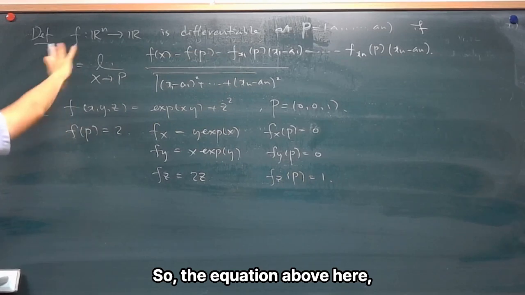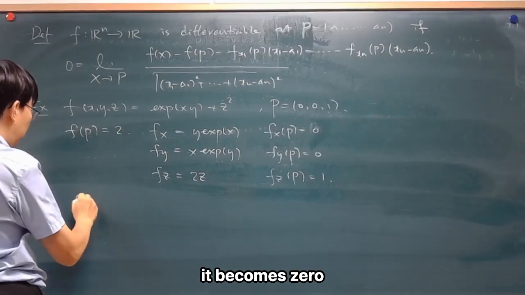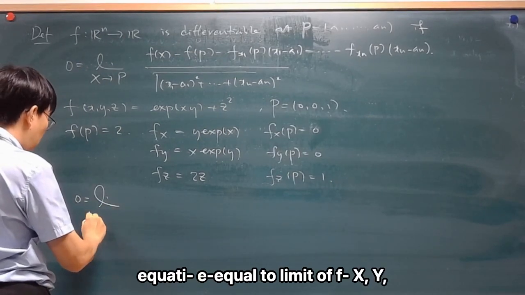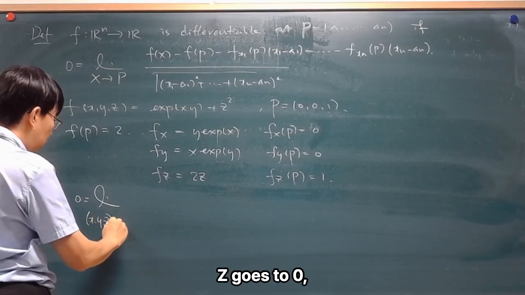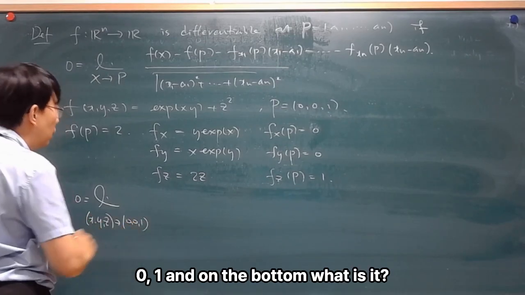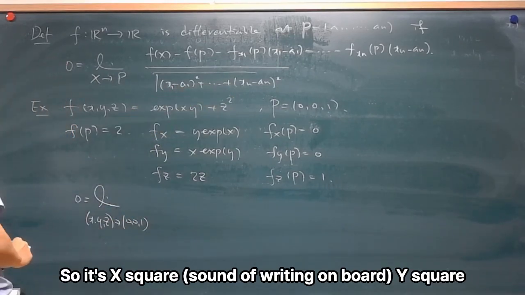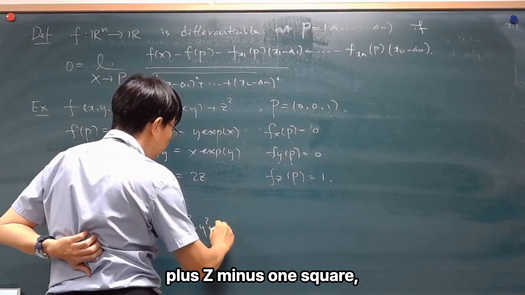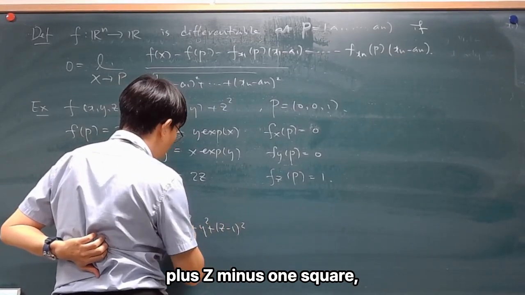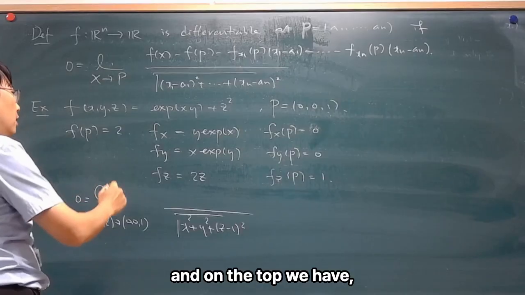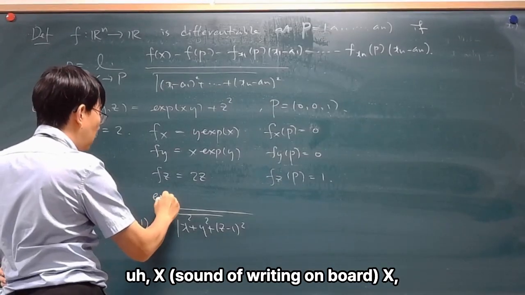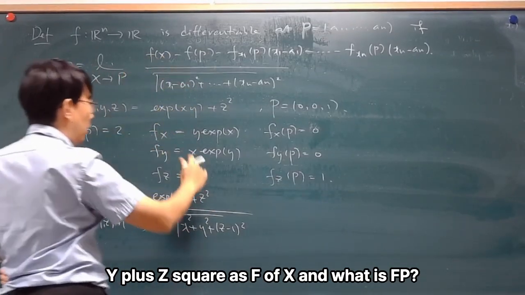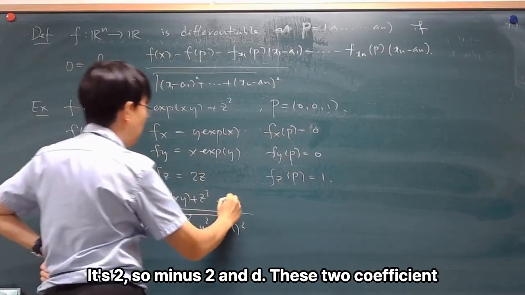So the equation above becomes 0 equals the limit as (x, y, z) goes to (0, 0, 1). On the bottom, it's the square root of x squared plus y squared plus (z minus 1) squared. On the top, you have e^(xy) plus z squared as f(x), and f(p) is 2, so minus 2.